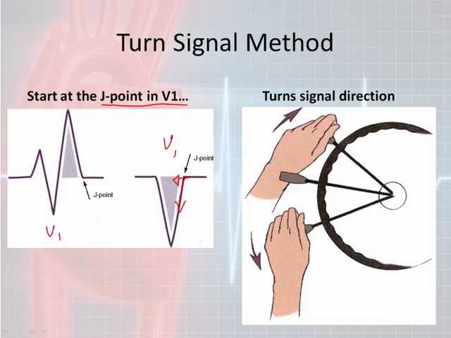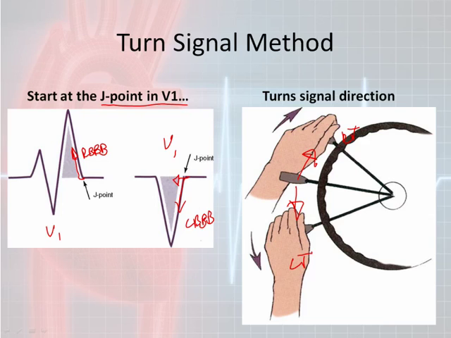If you go down, then it's considered a left bundle branch block. If you start at the J point and go backwards and go up, it is considered a right bundle branch block. The reason this works as a turn signal method is that if you put the turn signal down in your car, you're going to be turning left because your left blinker comes on. If you go up, then you're going to be turning right because your right signal turns on.